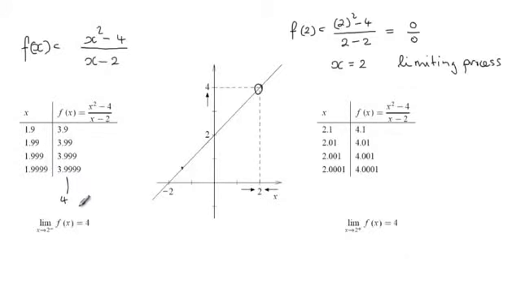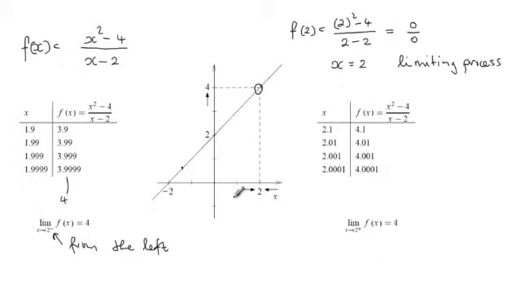Now, to express that mathematically, we write the limit as x is approaching 2, and a minus there means from the left. This minus here means we're approaching 2 from the left.